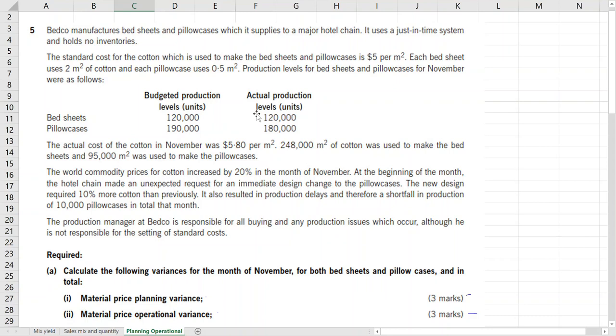The new design requires 10% more cotton than previous. It also resulted in production delays and therefore a shortfall in production of 10,000 pillowcases in total that month. The production manager at Bedco is responsible for all buying and any production issues which occur, although he is not responsible for setting of standard costs.